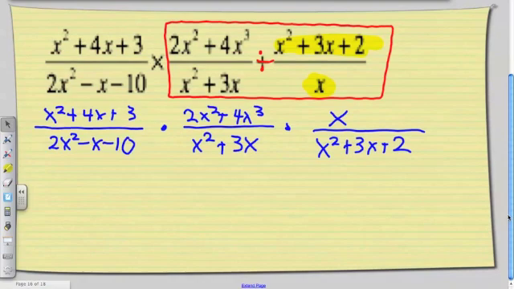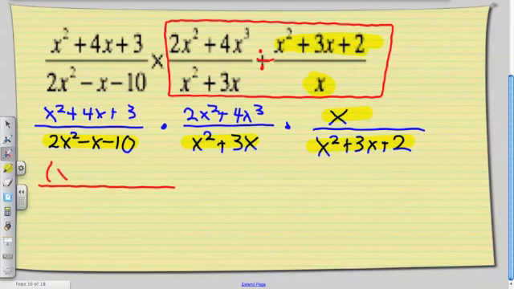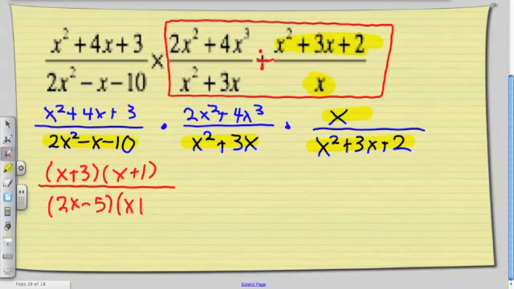Now remember, because it's a division question, after I factor, I would have to state restrictions on this denominator, this denominator, this denominator, and this original denominator. Next step is factoring, so I'm going to go ahead and do that. So this becomes x plus 3 times x plus 1 multiplied by 2x minus 5 times x plus 2.